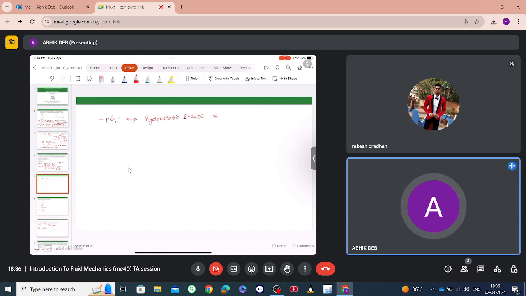and it takes the form of something like this in 3 dimensions: minus p 0 0, 0 minus p 0, and 0 0 minus p. That is essentially an identity matrix multiplied by the element minus p, and this sigma ij is the deviatoric stress component.